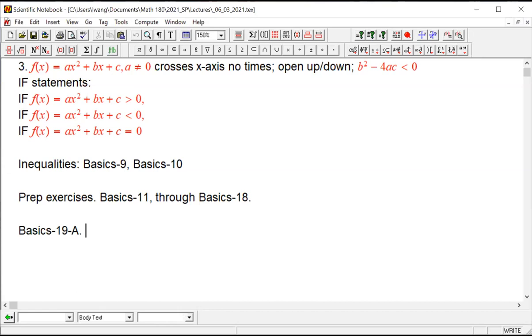And some of these questions, as you've seen, show up on your midterm, and some of the questions may show up on your final exam. So I give you lots of exercises in basic 19, 19A, 19B, 19C, and only require you to do A. If you want to do more, hey, go for it, right? You get to solve those inequalities.